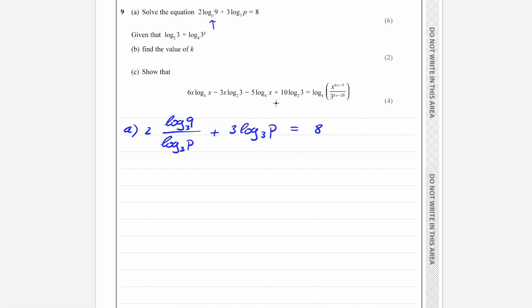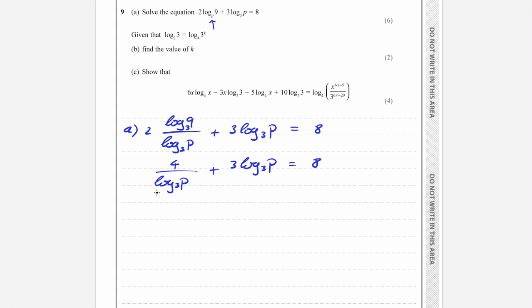Then log 9 base 3 is equal to 2. Now, obviously you have your calculator, guys, but that's definitely something I want you to know. 3 squared equals 9, so log 9 base 3 is 2. So that's 2 times 2 over this, so it's actually 4 over log p base 3 plus 3 log p base 3 equals 8.